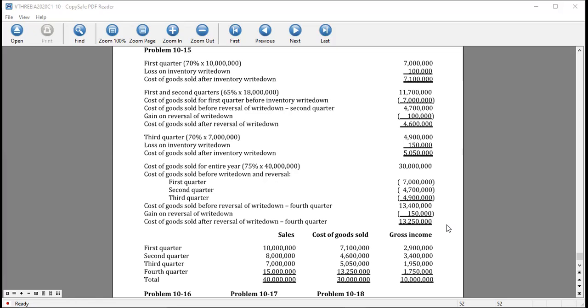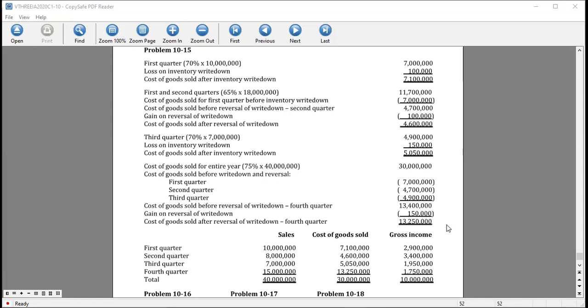Next, we have the cost of goods sold before reversal of write-down. The profit rate is deducted from 100%, so you get the cost rate. Now, the cost of goods sold for the first quarter before the inventory write-down was 7 million.